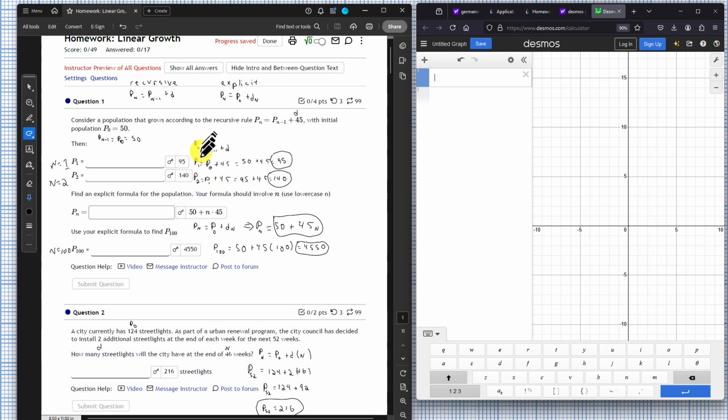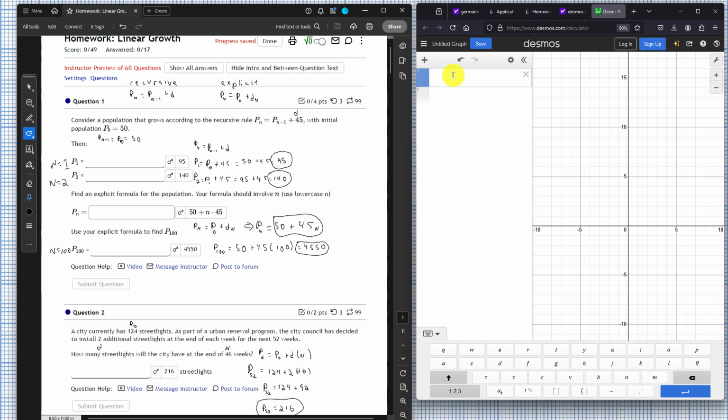So you want us to find P1. So in this case, n is 1, so I have P1 here is equal to P0 plus 45. So my P0 is 50, and my D is 45. So I have to add these two together.